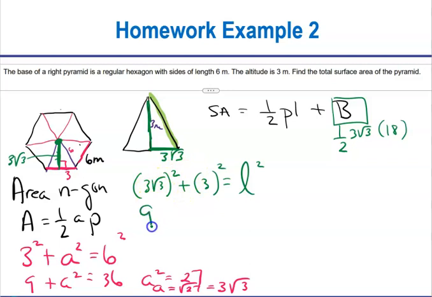So 3 squared is 9. The square root of 3 squared is just 3. Plus 3 squared is 9. That equals L squared. All right, 27 plus 9 is 36, equal to L squared. So what does that mean L is? That is 6. I wrote 36, I meant 6.